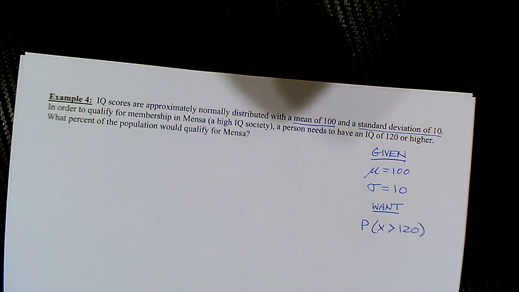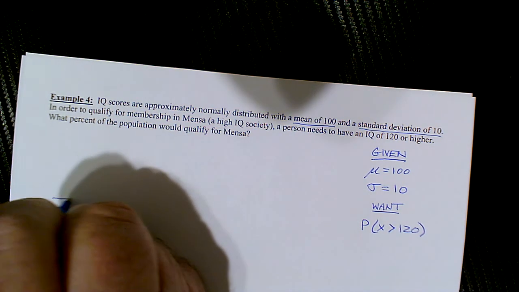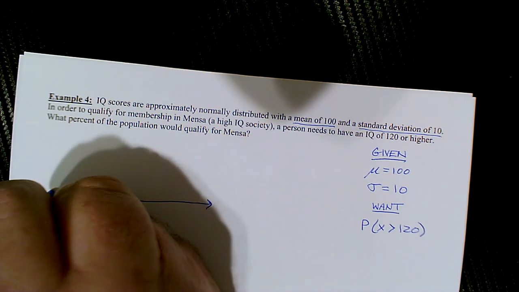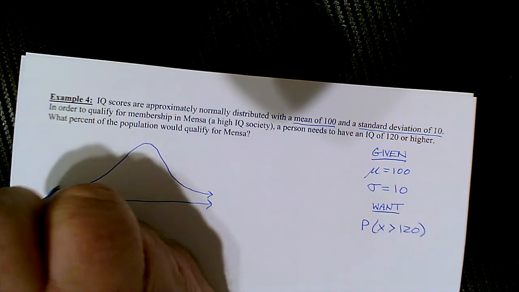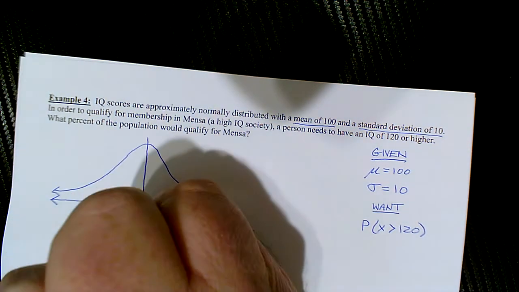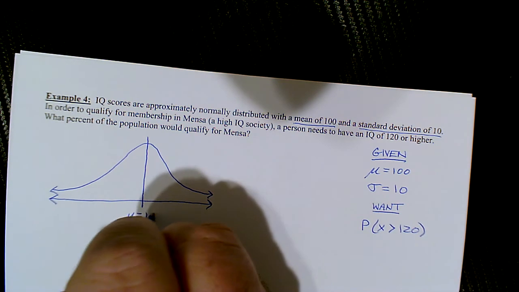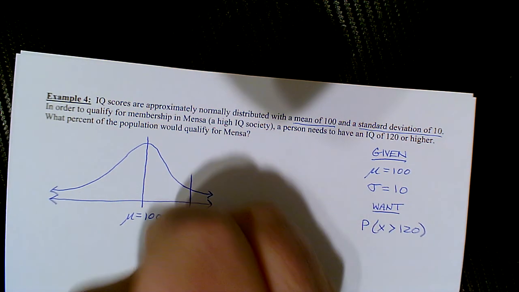Okay, so again, we'll proceed in the standard way of drawing the normal distribution. Initially labeling it with respect to the mean, mu, and the data value of interest, 120, to the right of the mean.